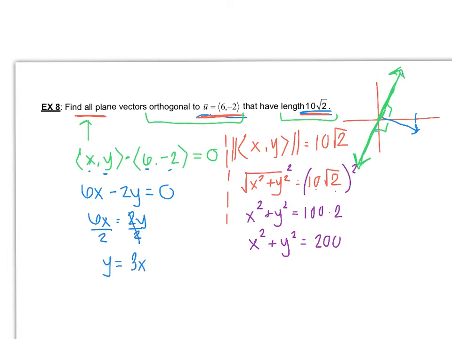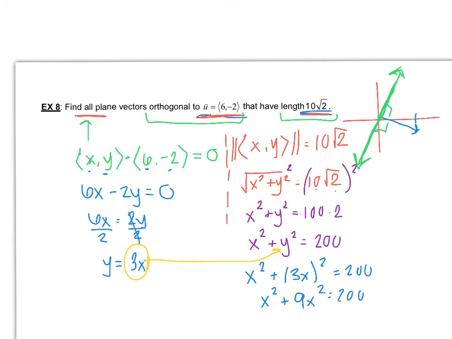Now that I know y equals 3x, all we have to do is take that information and we can just plug it directly in for y right here. So now we've got x squared plus 3x squared equals 200. x squared plus 9x squared equals 200, which means 10x squared equals 200.